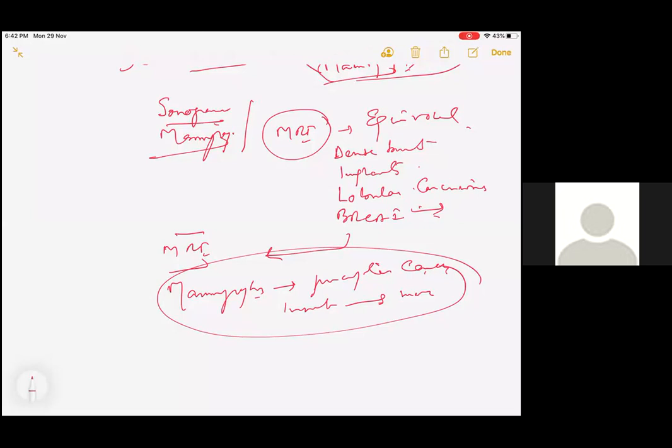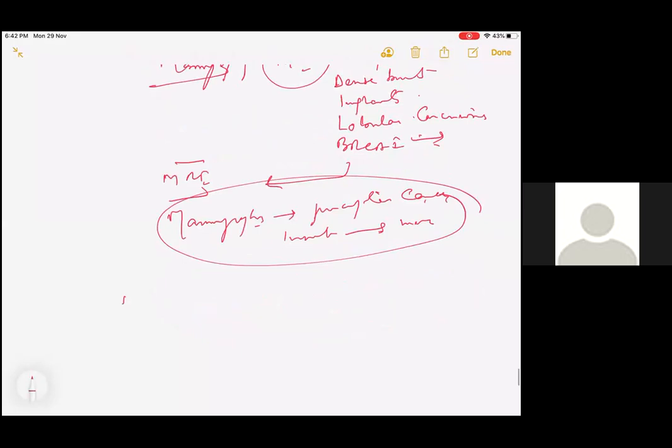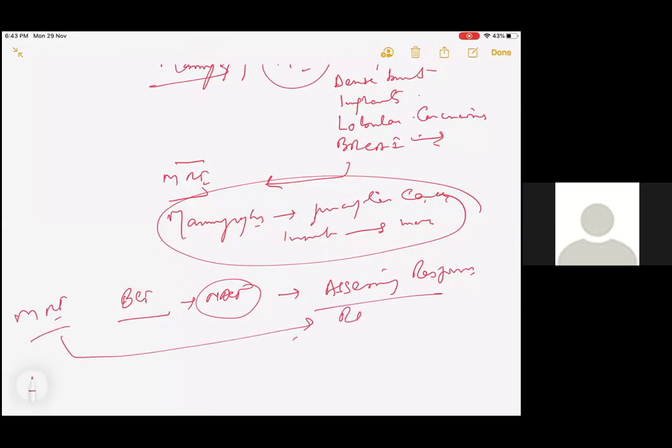MRI is very useful for a lot of patients where you're planning breast conservation following neoadjuvant chemotherapy. A lot of people use it for assessing response because it's very sensitive. But the flip side of this, MRI for assessing response, is that it is not per RECIST criteria, which is Response Evaluation Criteria in Solid Tumors.